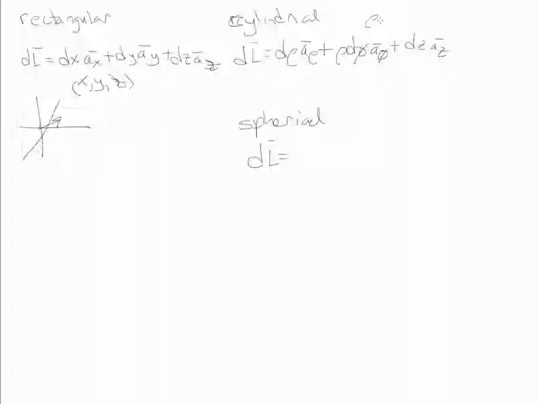And this is rho phi z, so you can get there. And then in spherical, you're r theta phi. And so you're going to have dr ar plus r d theta a theta plus r sine theta d phi a phi.